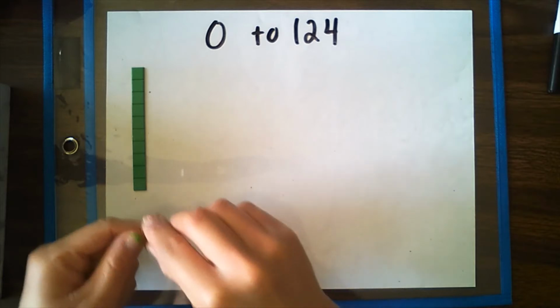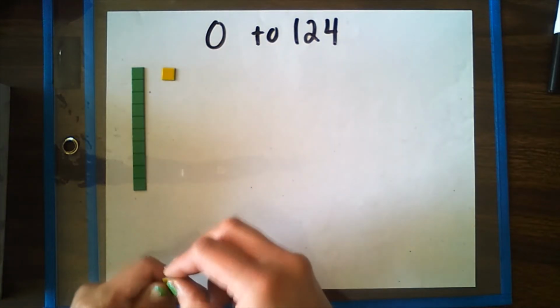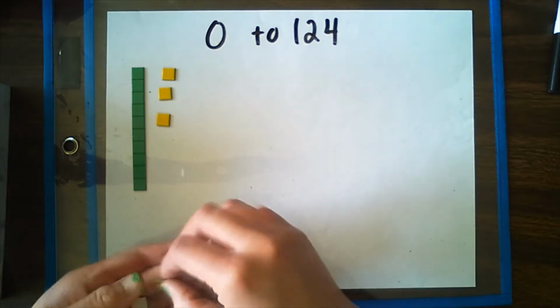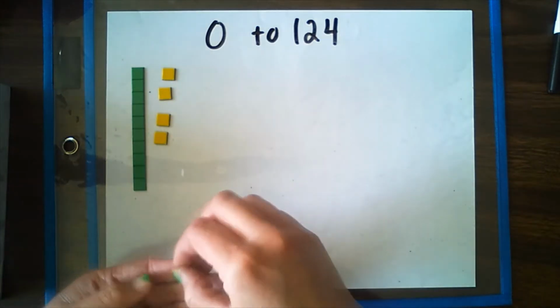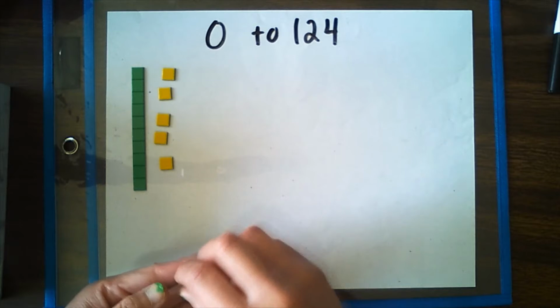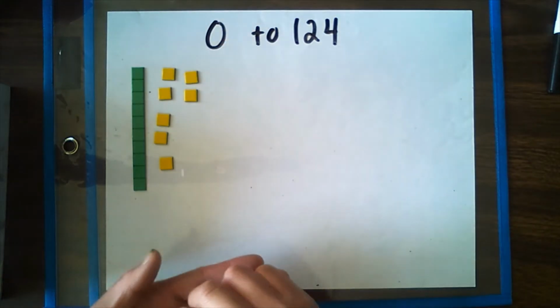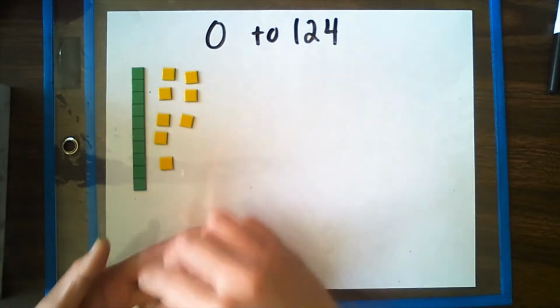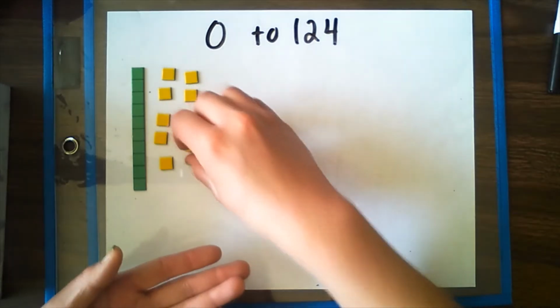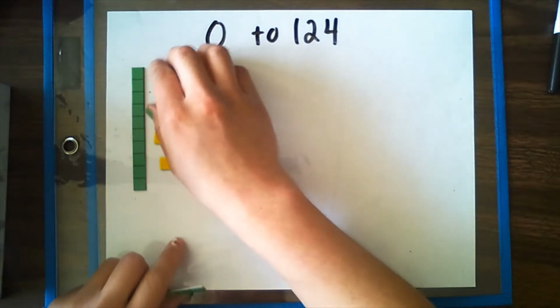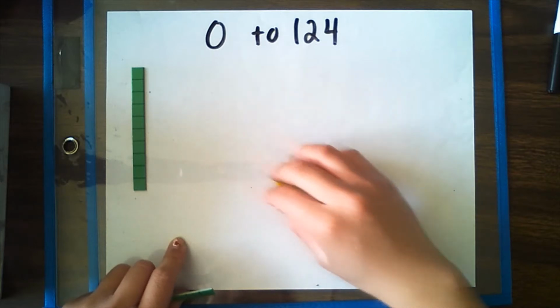So we're going to keep going. 10, and then 11, 12, 13, 14, 15, 16, 17, 18, 19, 20. Oh, we have another 10 there, so we're going to bundle that up into a 10, okay?